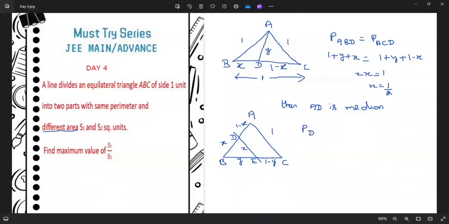So I would write perimeter of ADE is equal to perimeter of DECB. x plus y plus z is equal to 1 minus x plus 1 minus y, plus z. Altogether we get 2x plus 2y is equal to 3. So that tells us the value of x plus y will be 3 by 2.